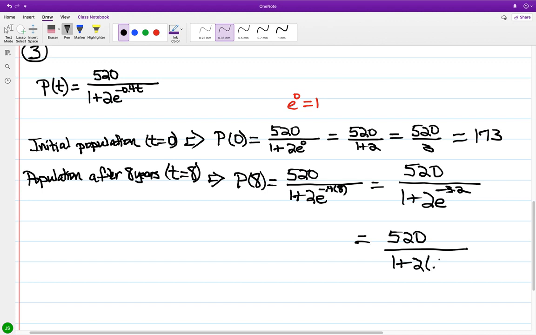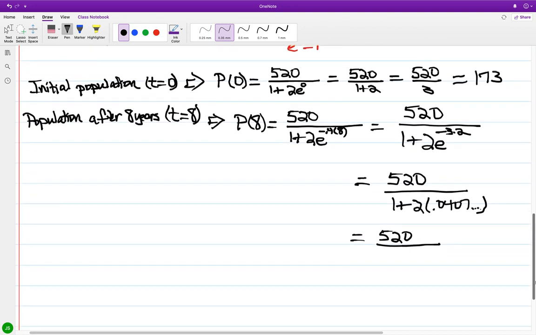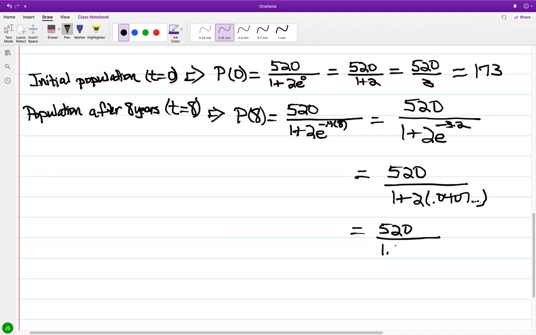Okay, now e to the negative 3.2 is 0.0407, and if I multiply by 2 and add 1, we're looking at about 1.0815, and just holding on to that decimal.